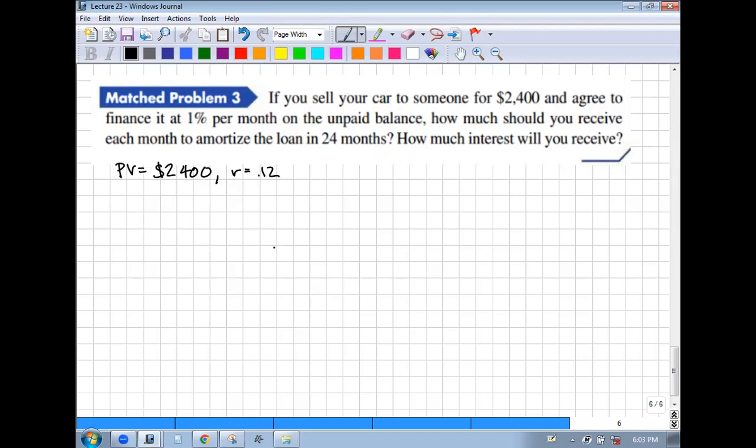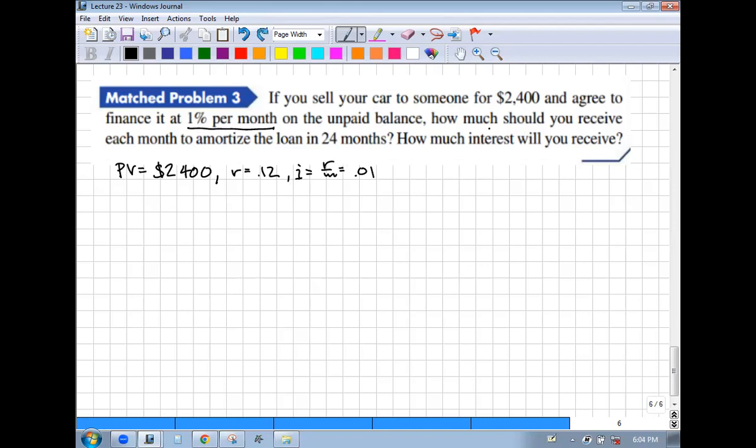Because R is your annual interest rate. What they're saying here is what your I is. This is your rate per period. They're saying that is 1%. So they tell you what I is instead of R. So you have to be careful there in your interpretation, right? 1% per month, so they're telling you I. We probably won't need R, right? The formula uses I, not R.